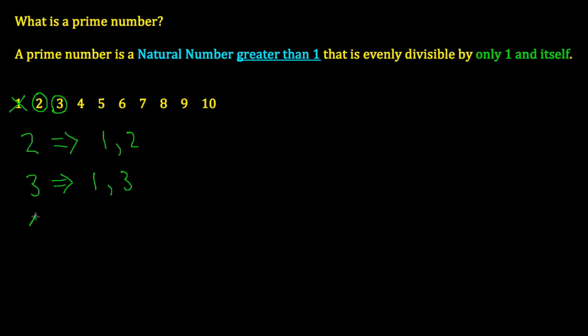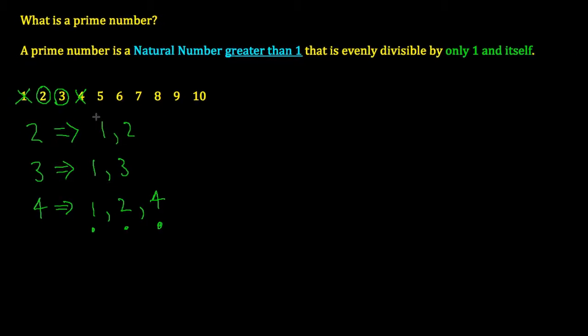Once we hit 4, we see that 4 cookies, 1 person could eat all 4, 2 people could each eat 2, or 4 people could each have 1. Now we have 3 factors, or 3 divisors, of 4. So it does not fit the definition of a prime that has exactly 2 factors.